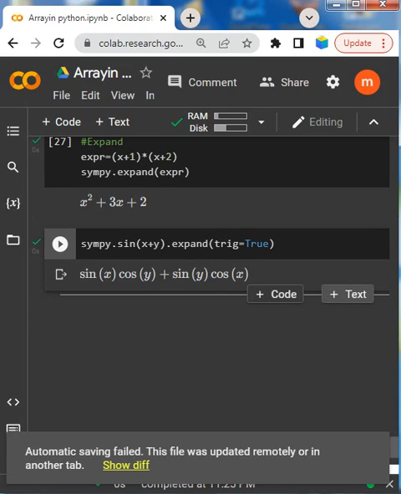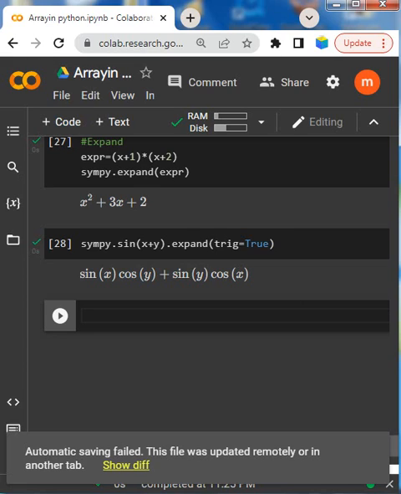Now I try logarithms. So let's try here. I write a as a variable, another b as a variable, equal to unpack.